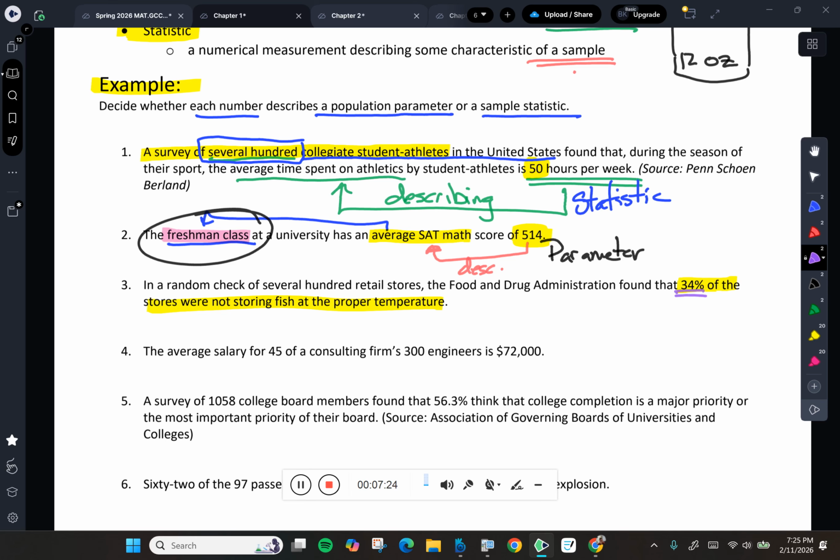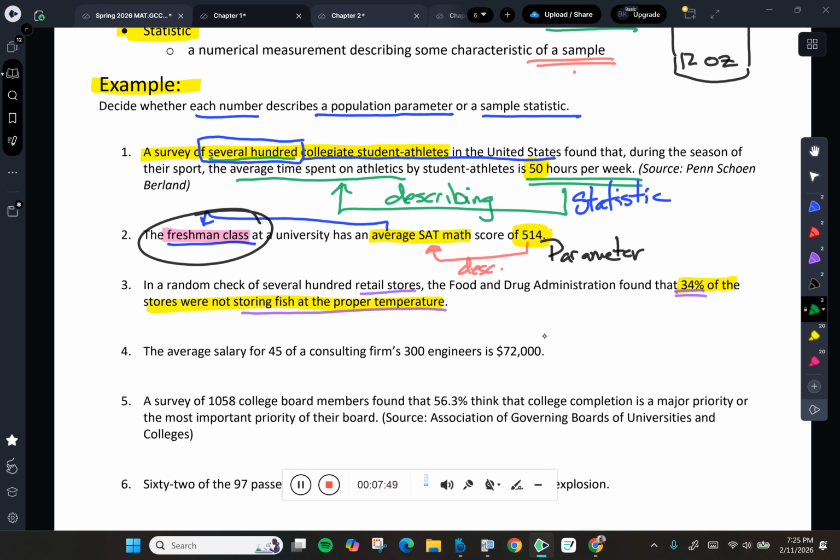It's describing a proportion or a percent of the stores that were not storing fish at the proper temperature. Okay? Now the question is, how did they arrive at that number? Did they get that number from talking to every store out there? Or did they get that number from talking to some of the stores?